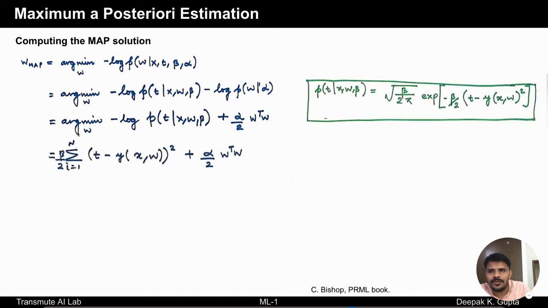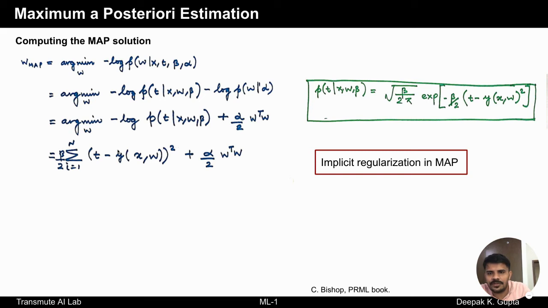Now, this part we can write using the Gaussian distribution. We take the log and put it here, and we obtain the mean squared error scaled by beta. We have also seen this in the previous module, where we were trying to estimate the maximum likelihood solution. And then we put this term here. So that's our solution for the maximum a posteriori estimate over the weights.